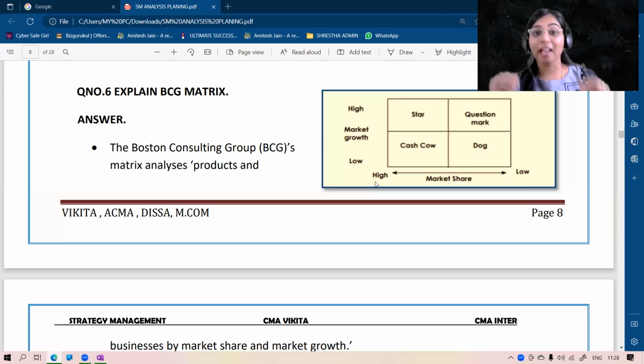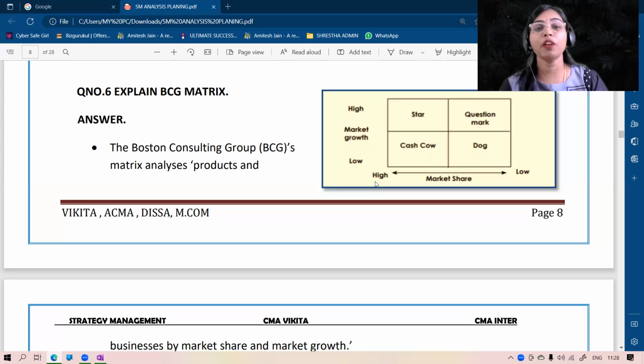So let's now continue with strategic analysis and planning, one of the beautiful models which purely speaks about how a company has brought forward a way of understanding how a product can be listed in which type of quadrant in our market growth and market share. Got it? So these are the things which we are going to read.